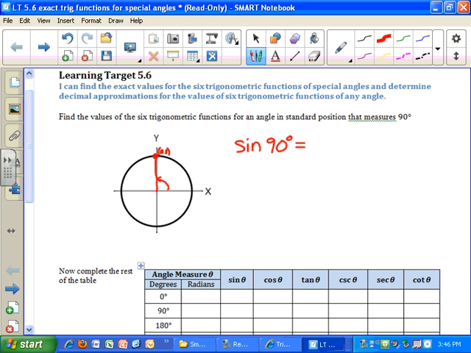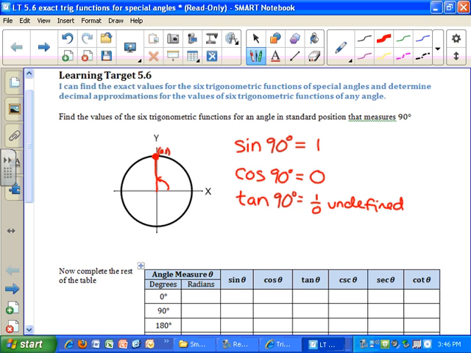Your answer would be the y value of that coordinate, which happens to be 1. The cosine value of an angle is the x value, and because the x value is 0, the cosine of 90 degrees is 0. The tangent of 90 degrees is the y value over the x value, so it would be sine over cosine, or 1 over 0, which we would say is undefined.